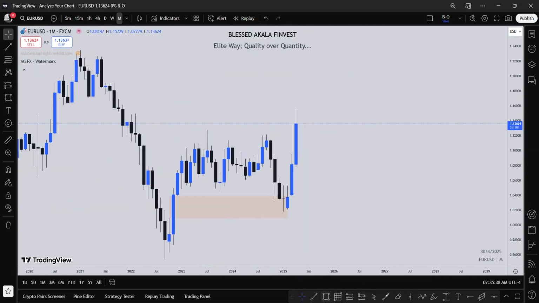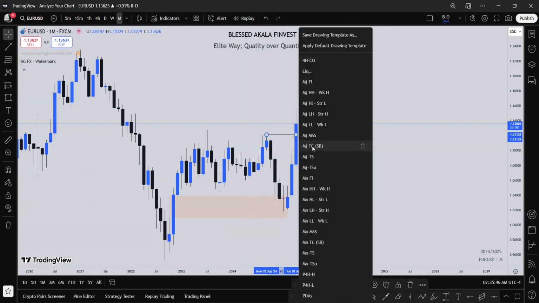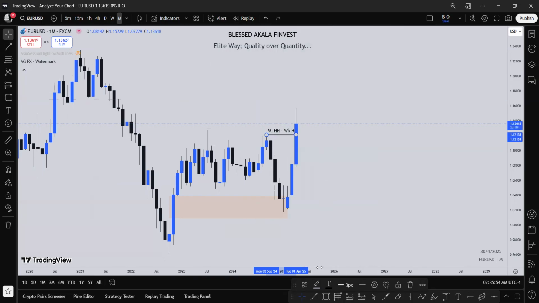And if we are using monthly structure, we have this break of structure here, which is a weak high. Eventually it turns to a weak high anyway, and here automatically becomes our strong low.